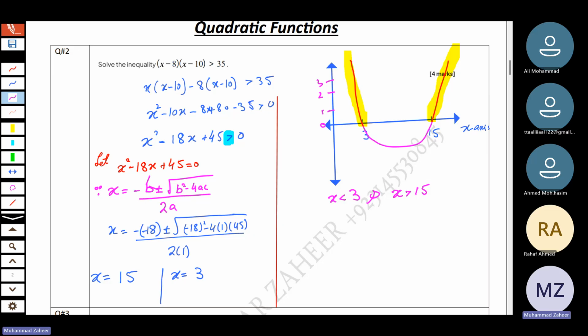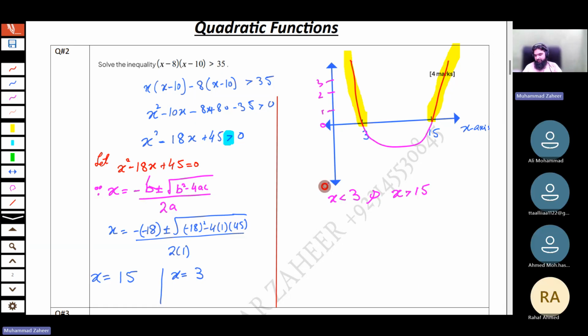Yes, everyone. Any question? Okay. All of you, please note down. Now look at the pattern. The examiner gives you the inequality. First of all, you have to simplify it and write it in the standard inequality form.